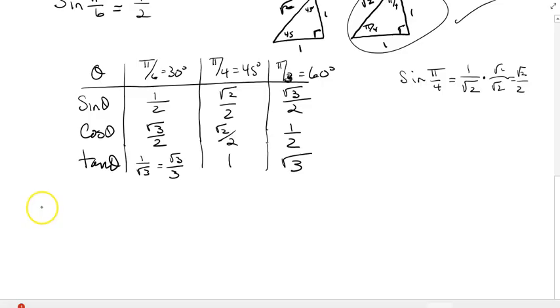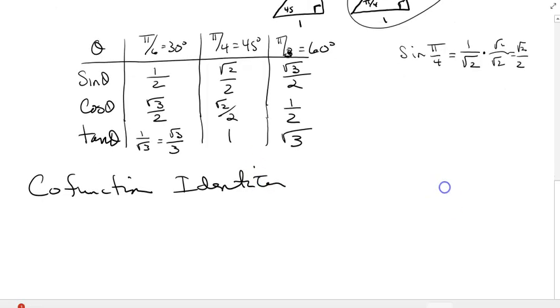You already know your reciprocal identities because the reciprocal identities are just stating that cosecant is the reciprocal of sine and so on. But this is something called cofunction identities.